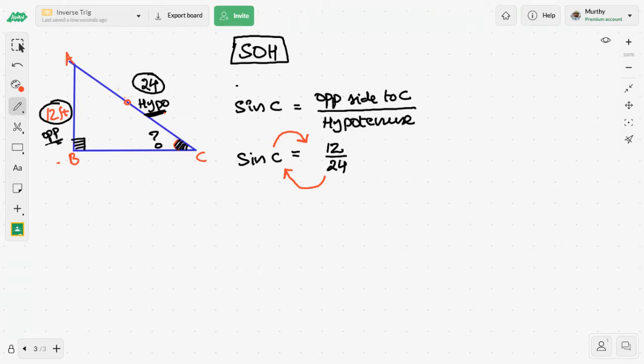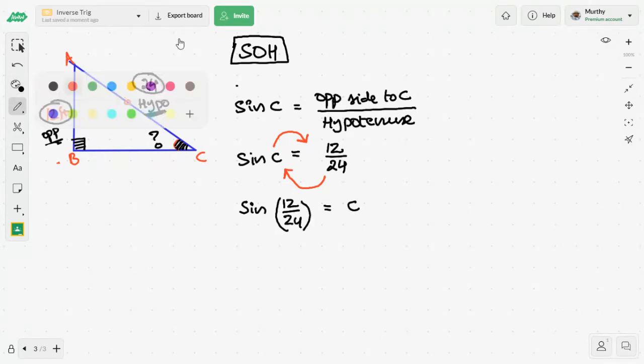So you swap these two values and write that sine 12 over 24 equals C. But at this point I'm going to include a small thing, that is the inverse symbol. That is, the exponent is -1.